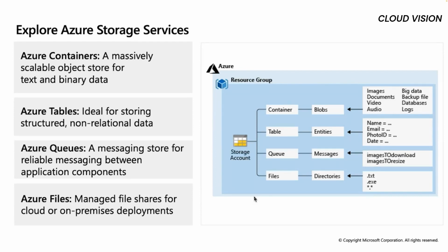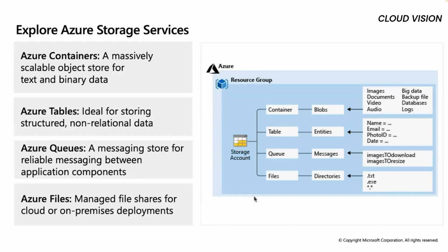The binaries are things like videos, audios, and documents. Documents can be images or PDF files and so on. Those are more like big data, backup files, database extracts, or logs. Those kinds of records you can store using blobs.